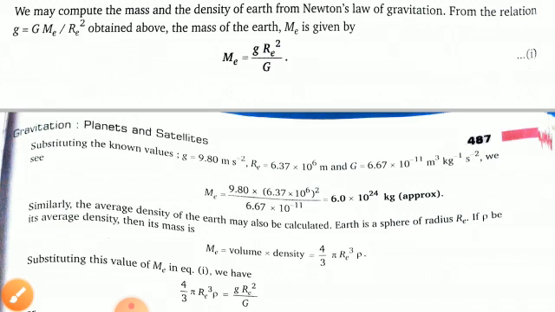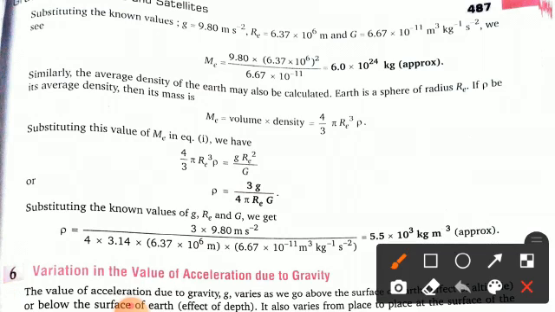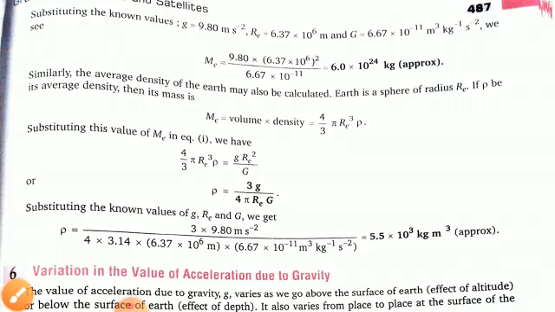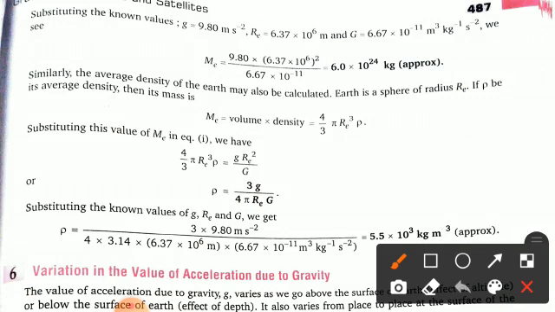After putting the value of mass of earth, 4 upon 3 pi R_e cube rho, we will get 4 upon 3 pi R_e cube rho is equal to g R_e square by G. After solving, you can see that R_e cube and R_e square, the square cancels out.